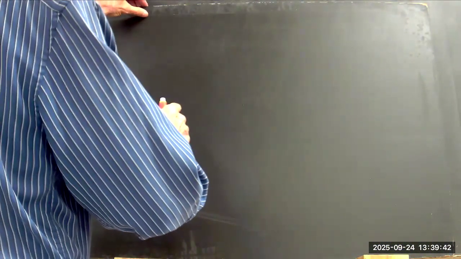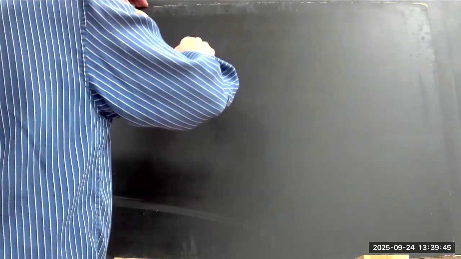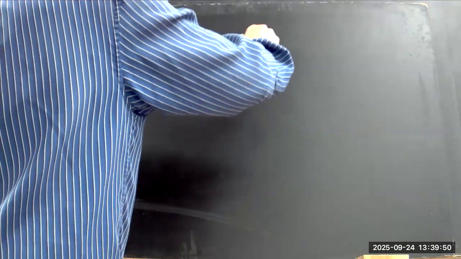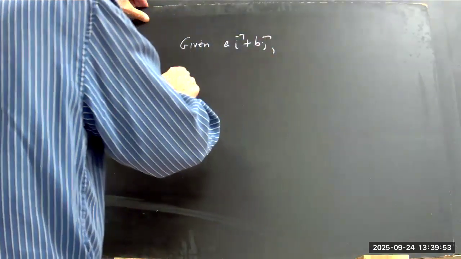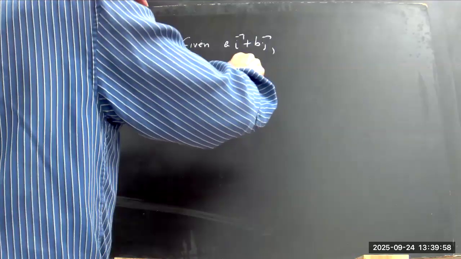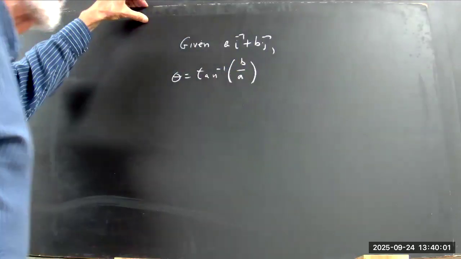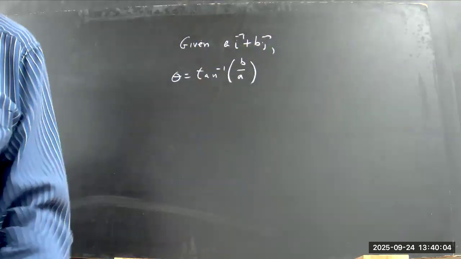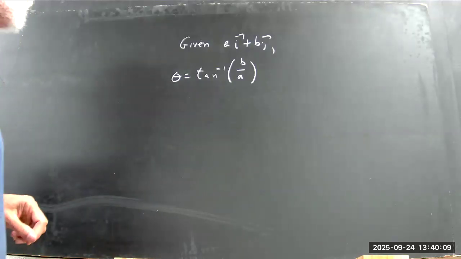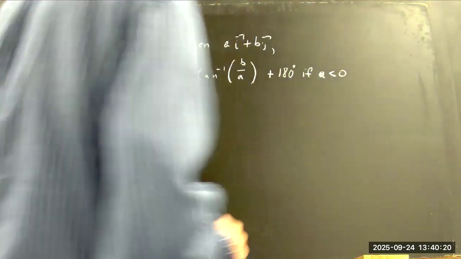I'm going to say this. Okay, theta would be the arctangent of B over A, and that's very straightforward to me, an obvious triangle. And then I'm going to say plus 180 degrees if A is less than zero.